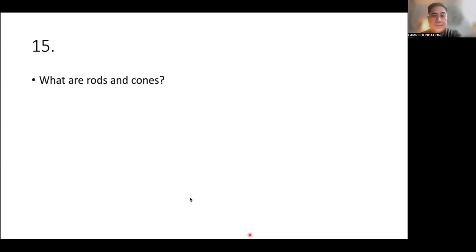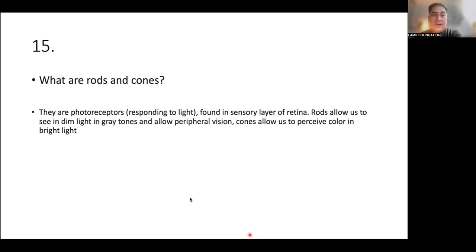Rods allow us to see in dim light, in gray tones, and allow peripheral vision. Cones allow us to perceive color in bright light. At nighttime, the rods are activated. At daytime, it's the cones.